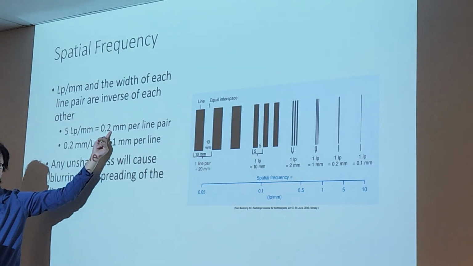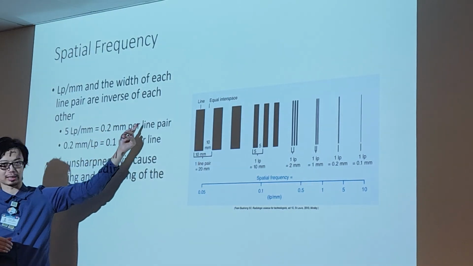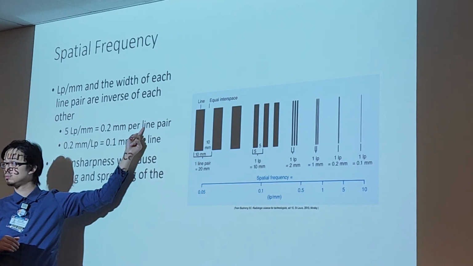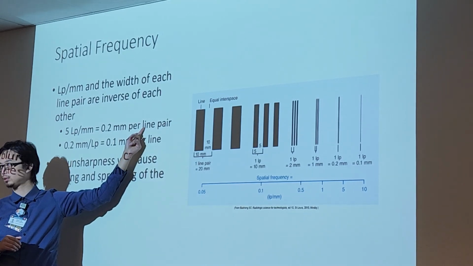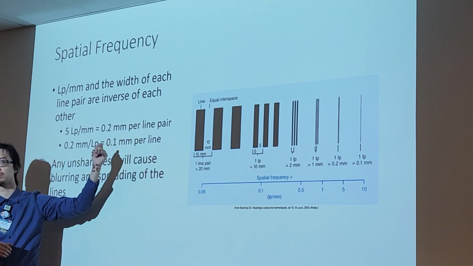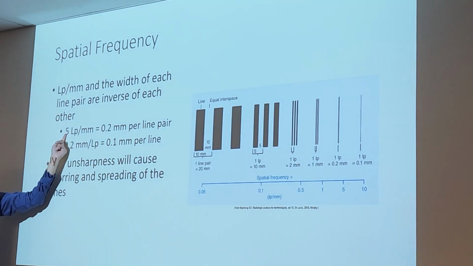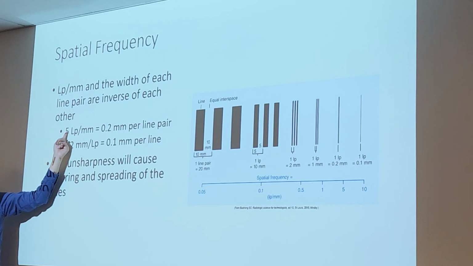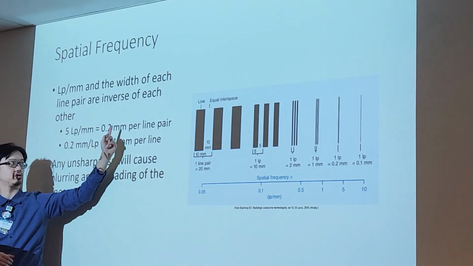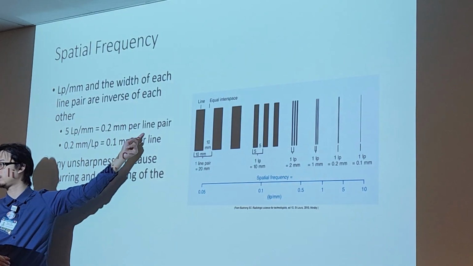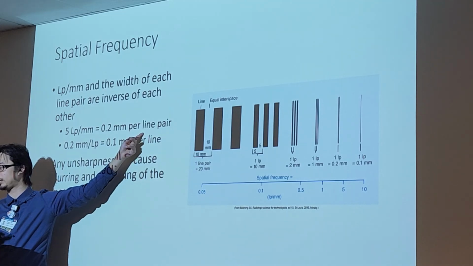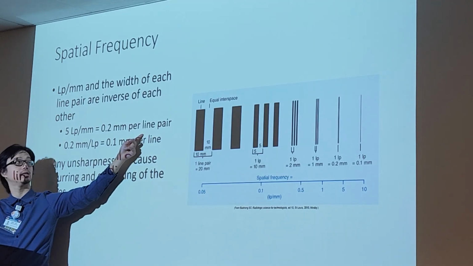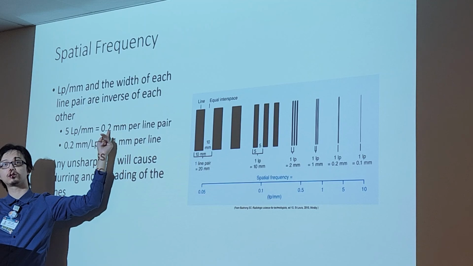It's 0.2 millimeters for each line pair. Each line pair, the black and the white together, is 0.2 millimeters.